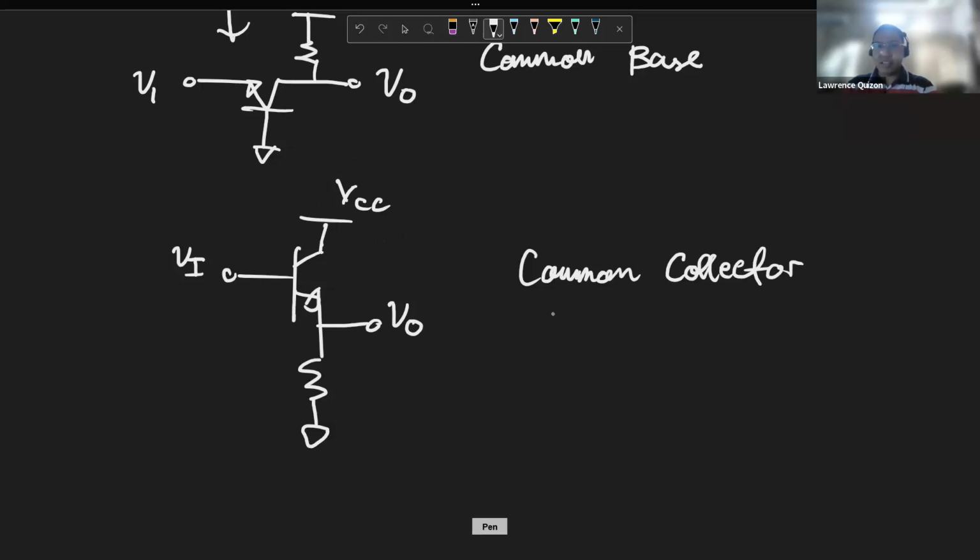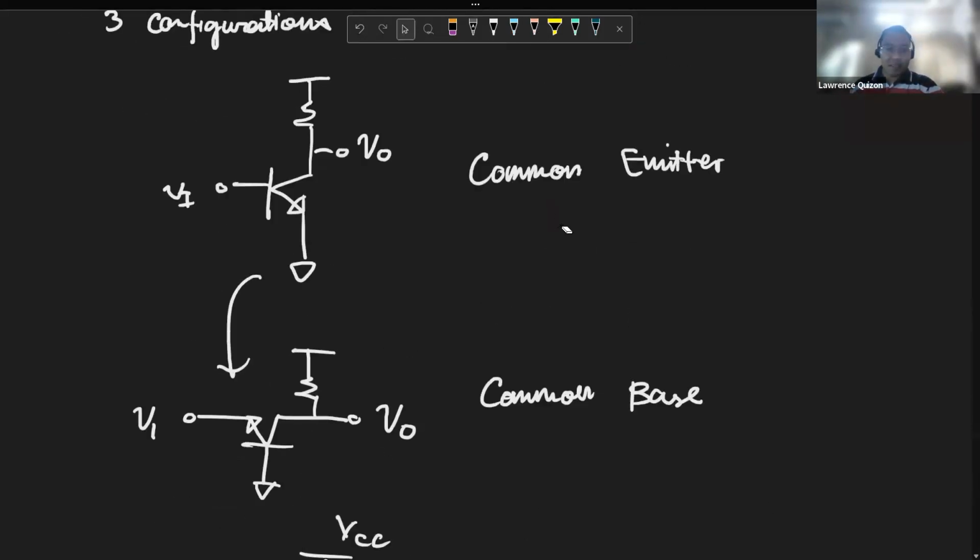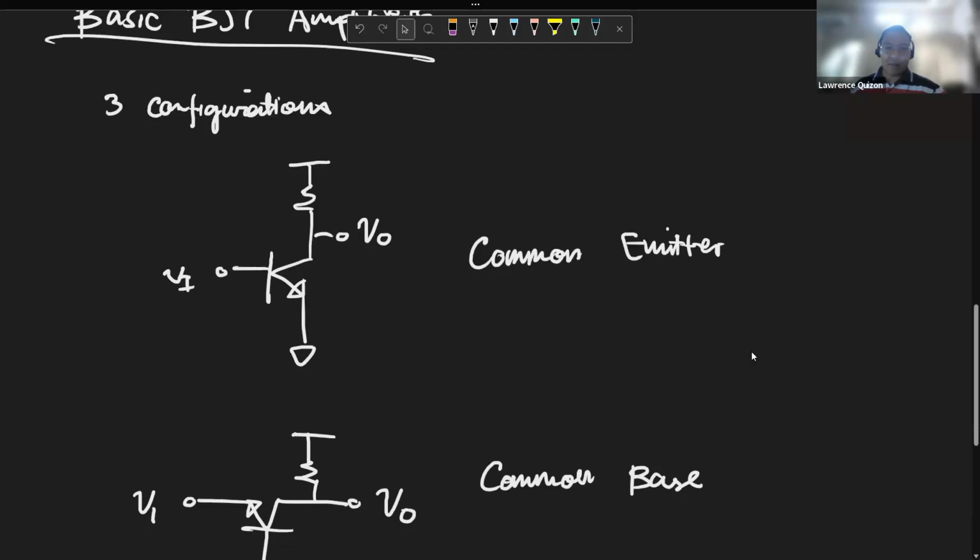So essentially, in small signal, it's ground. That's why in common collector, the collector is still a common ground for V in and V out, in the common collector configuration. Alright? Now, back to all of the types. So these are all of the types.